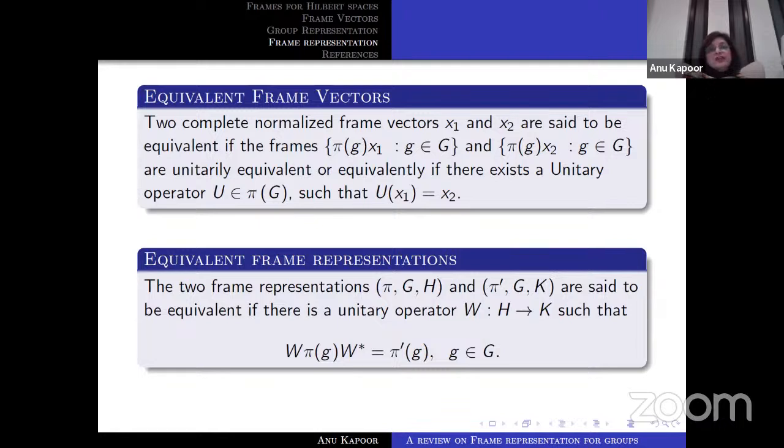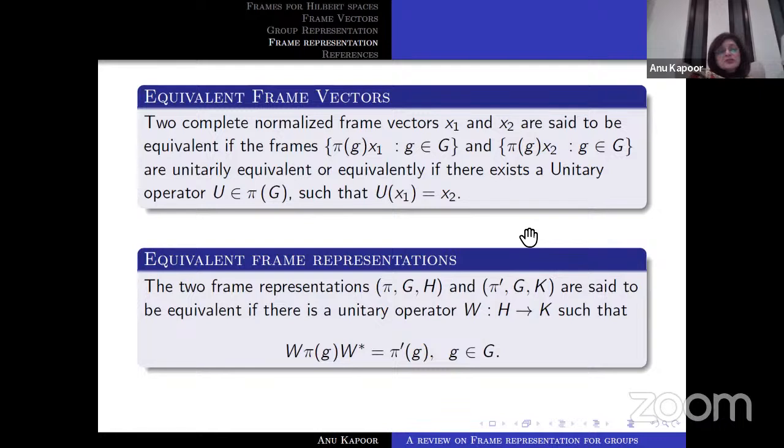As we know, the frames are equivalent if there exists a unitary operator from the Hilbert space H to Hilbert space K, such that u of π(g)x1 is equal to π(g)x2. Now, since π is a group homomorphism, u of π(e)x1 will be equal to π(e)x2, and π(e) will map onto the identity operator on H. So we'll get ux1 is equal to x2.